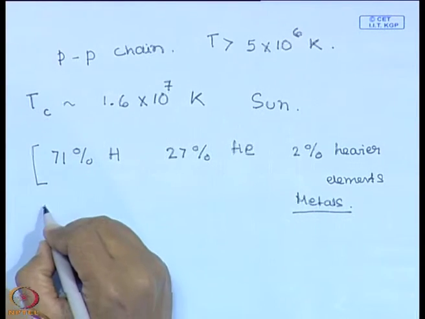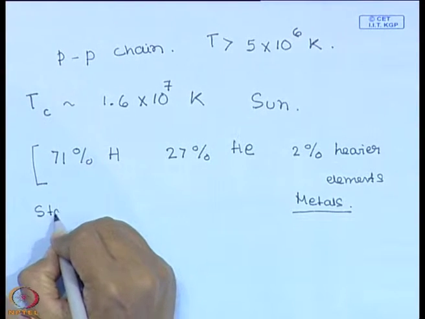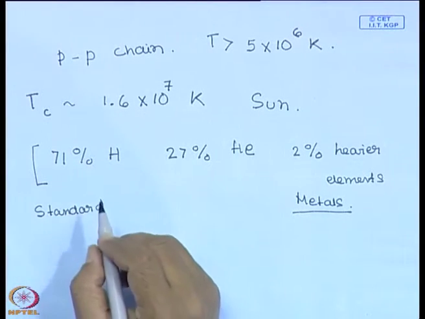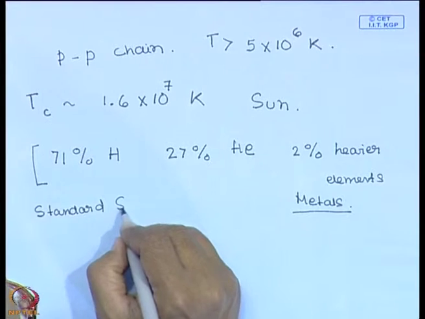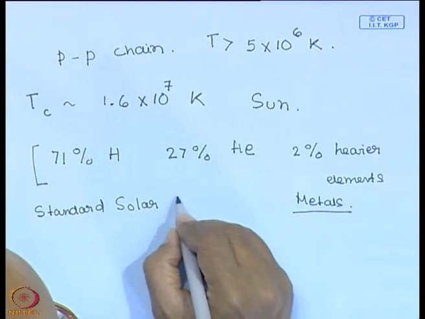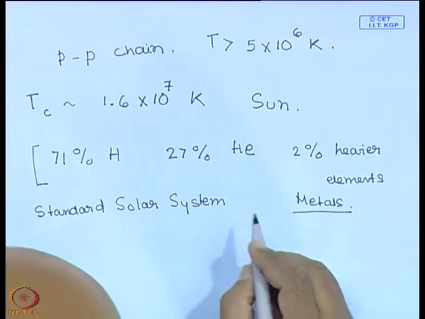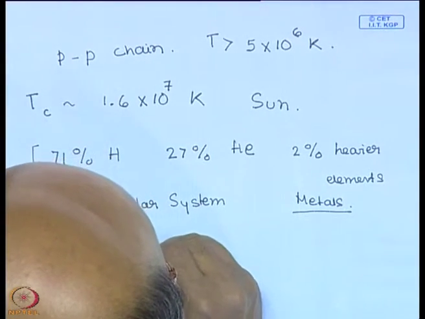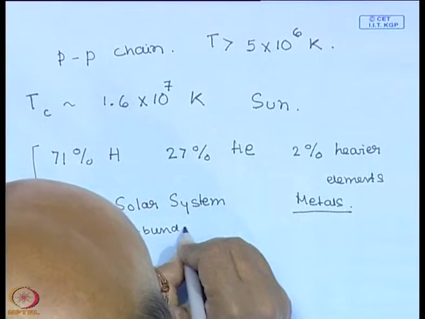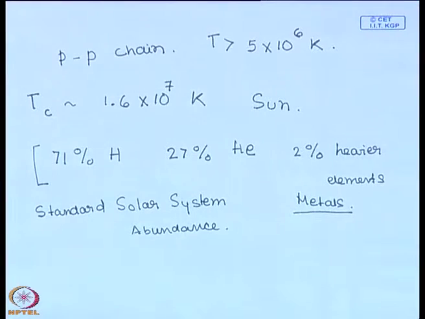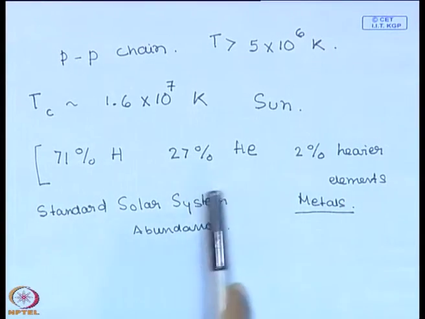This is what is referred to as the standard solar system abundance. So, this is the abundance of elements that we have in the solar system, and this is the abundance of elements that the sun started out with.